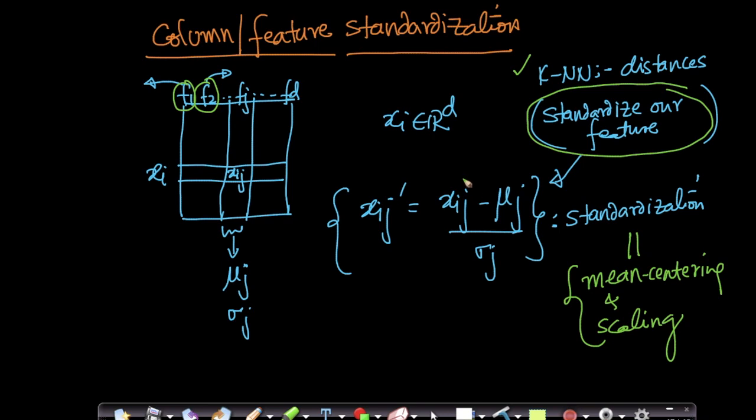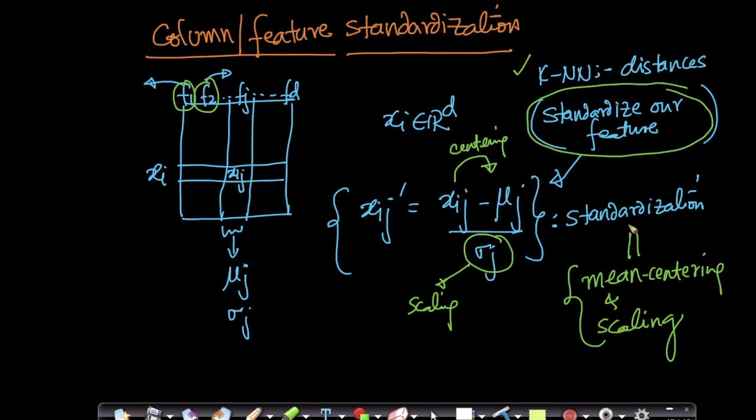So what does this mean? Because you're subtracting the mean, this is sort of like centering with respect to the mean, and then you're scaling it. This part is called mean centering. Subtracting the column mean from every data point is called centering, and dividing by the standard deviation is called scaling. In some textbooks or video lectures, you'll hear the words mean centering and scaling.